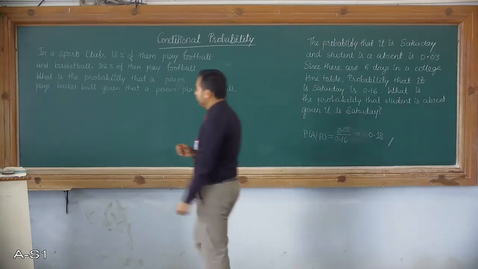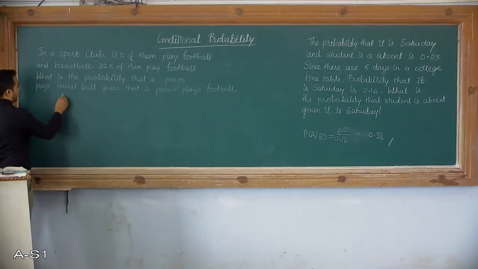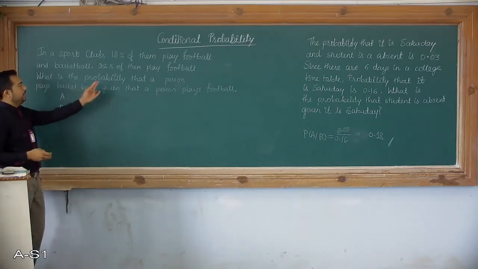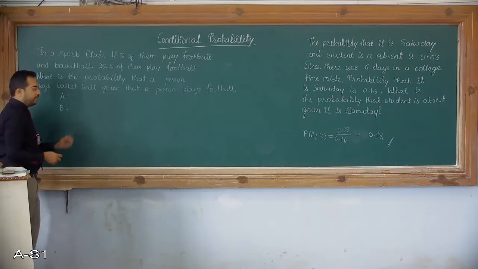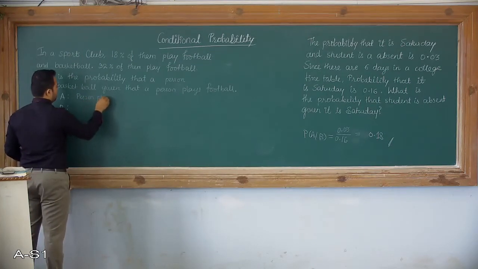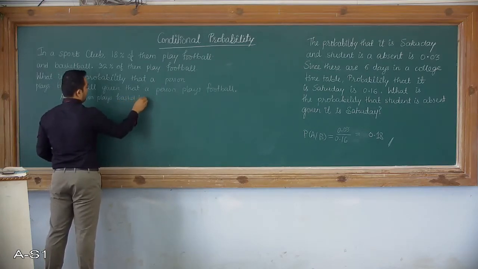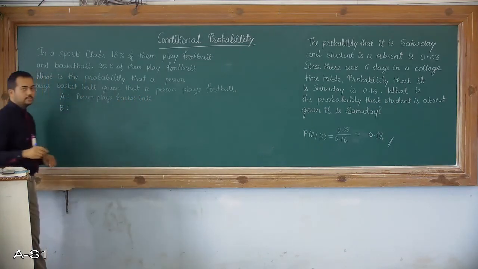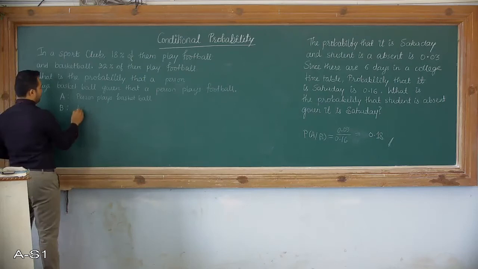Let me identify events A and B first. The probability that the person plays basketball is asked, so that is event A: the person plays basketball. Event B is the person plays football.